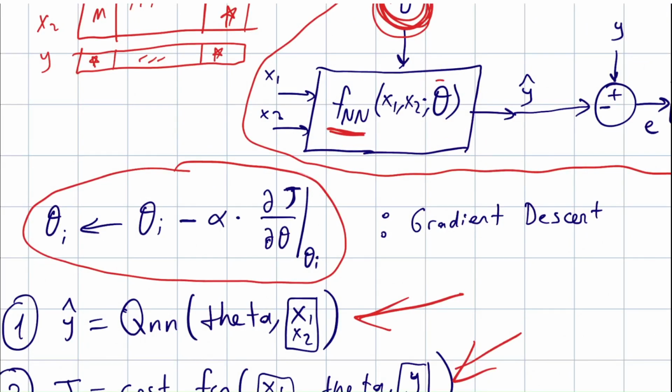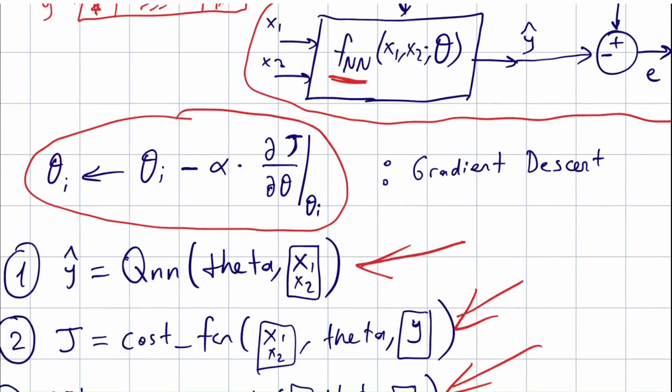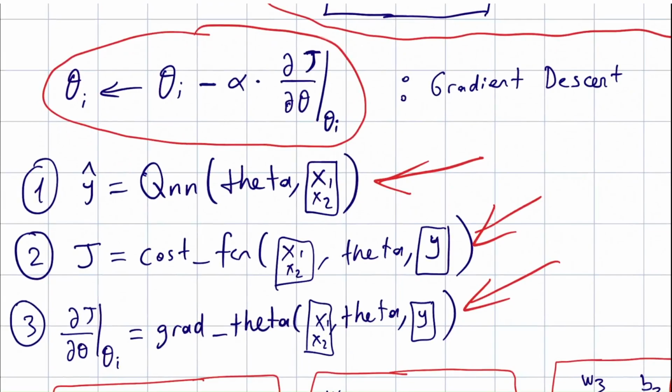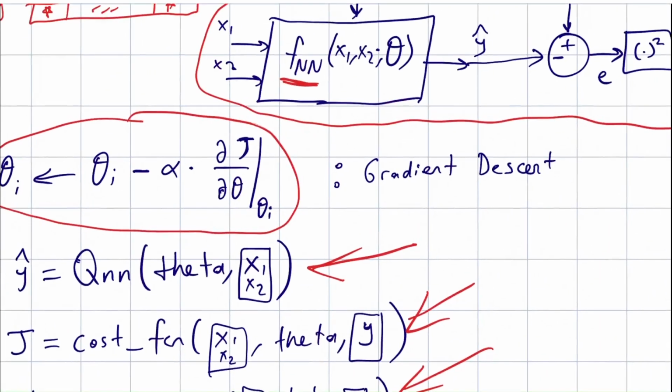It has theta, its own parameters, and it will take some input and then output some estimate. So this is the structure.